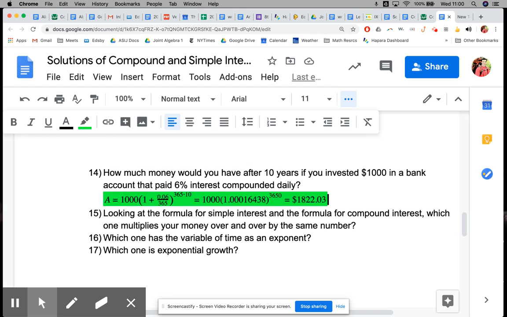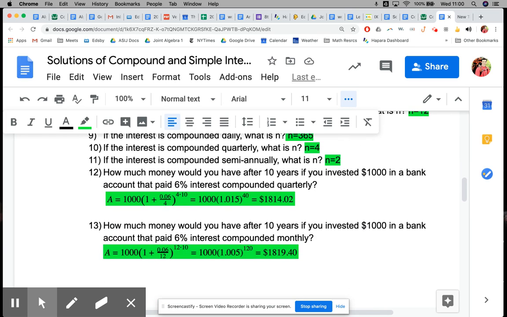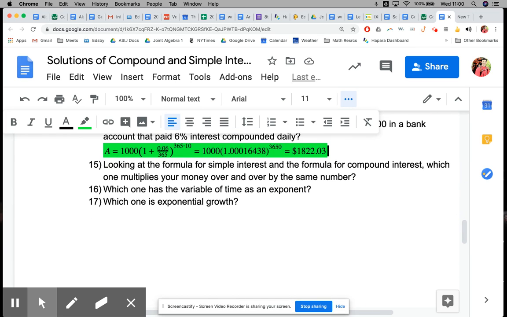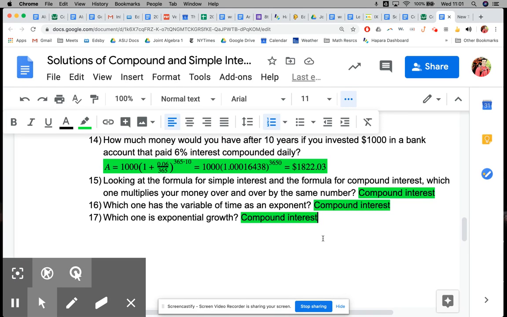And which one has a variable of time as an exponent? There it is. There's time as an exponent. That is the compound interest one. So once again, when we have the variable in an exponent, that is actually considered an exponential function. So which one is exponential growth? Compound interest is. So the answer to all of these last three problems is compound interest. Interestingly enough, simple interest is actually linear growth.